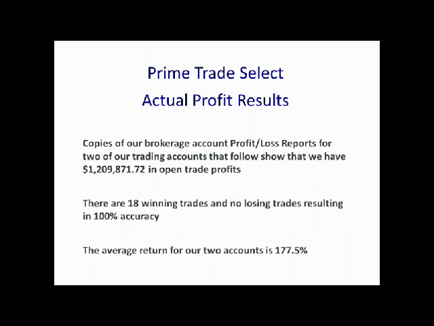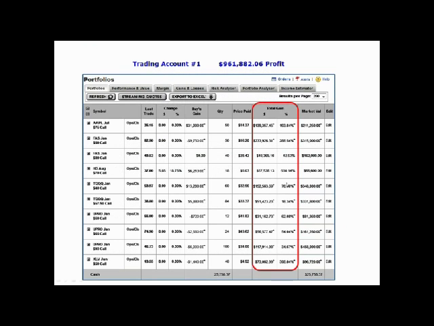And here's an example. This is a snapshot of open trade profits. We have 2 accounts. This is my larger retirement account, and this column lists the option that we bought, the quantity, the price we paid, the last price, and then our dollar profit and percent gain.